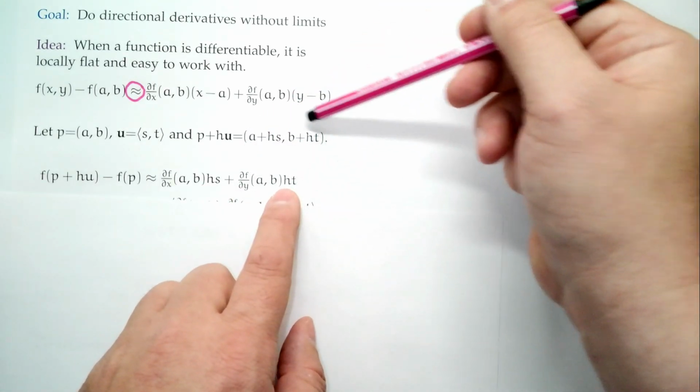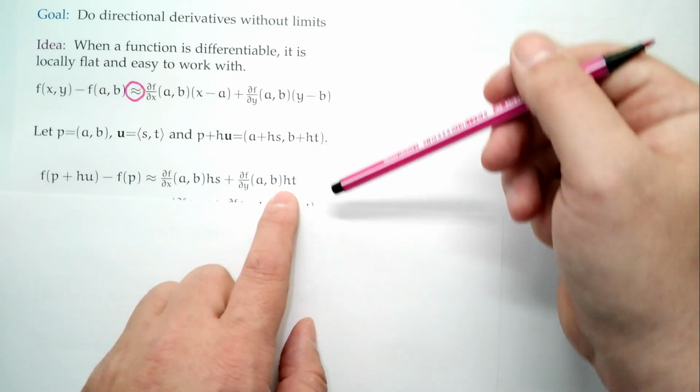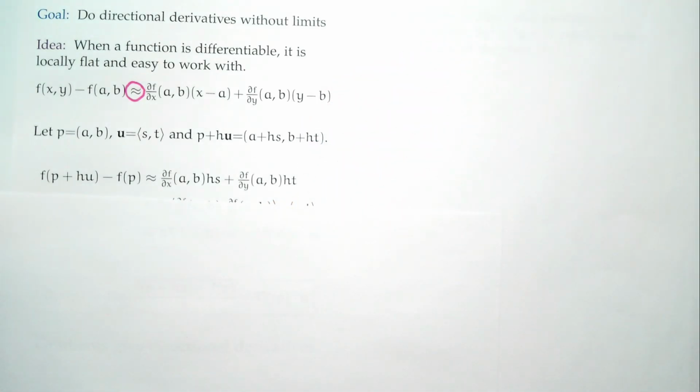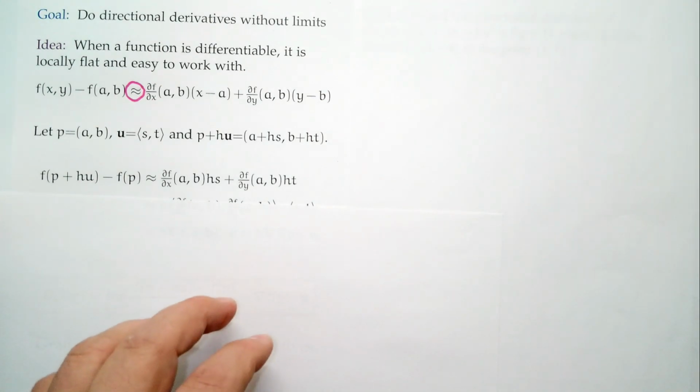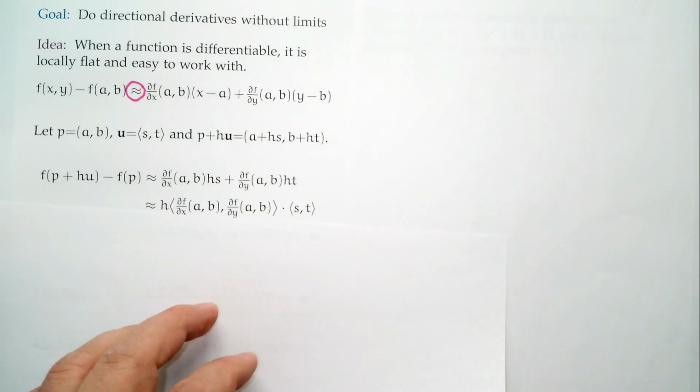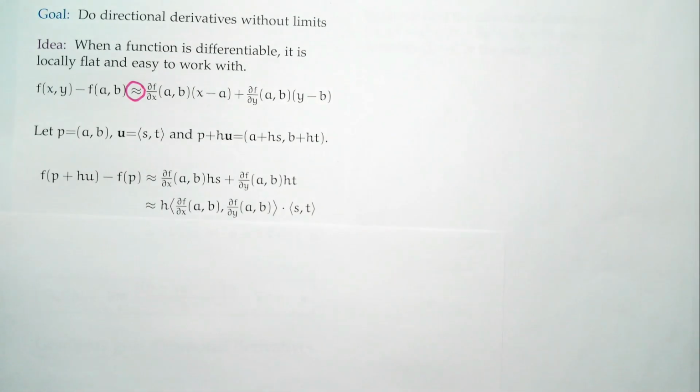This ht, b plus ht minus b. Now, if we stare at that, we say, hey, that looks a little familiar. That looks like what we were doing a little while back. We can pull out an h. That's common. And then we say, oh, that looks like the partial derivatives dotted with s, t.